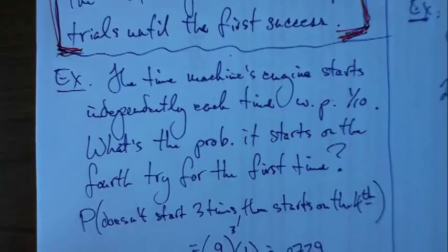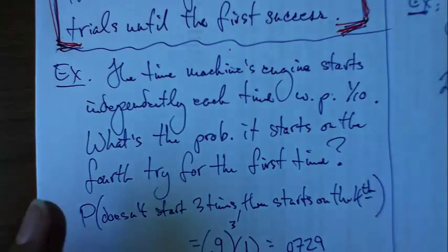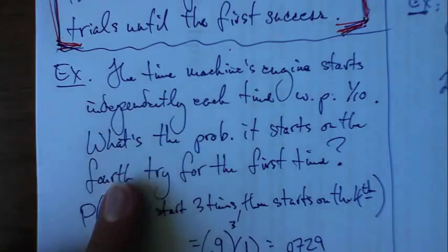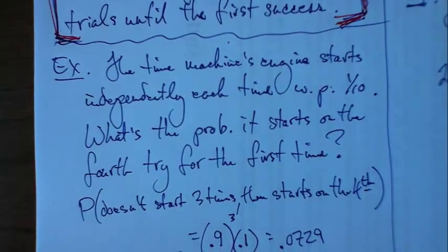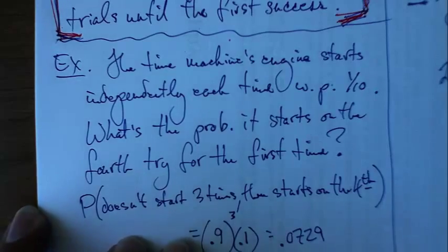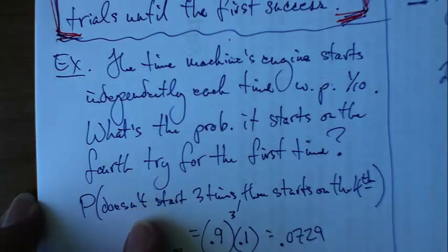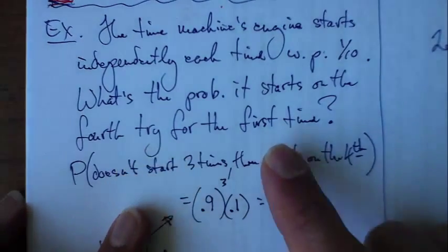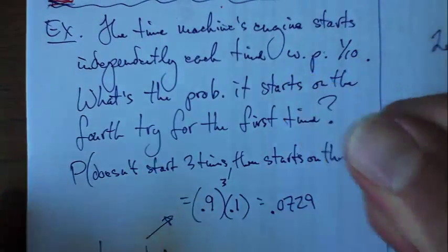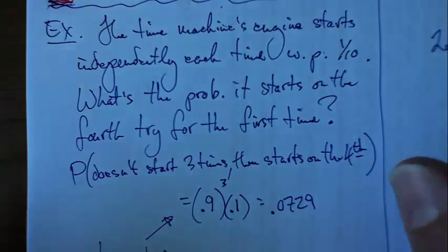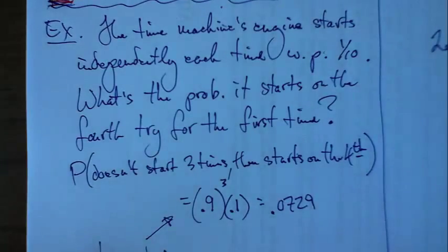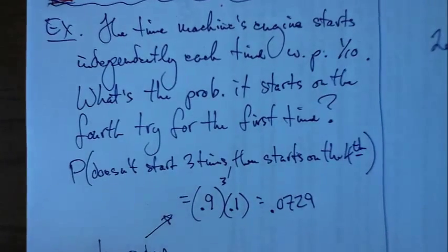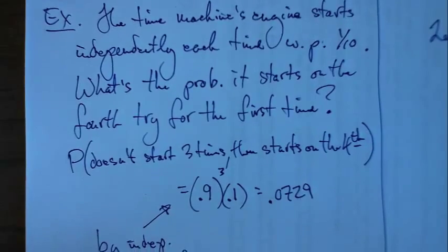For example, the time machine's engine starts independently each time with probability 1/10. If Marty goes to start the time machine, what's the probability that it starts for the first time on the 4th try? What's the chance that he turns the ignition and nothing happens, turns the ignition, nothing happens, turns the ignition, nothing happens, and then finally on the 4th time he has success?